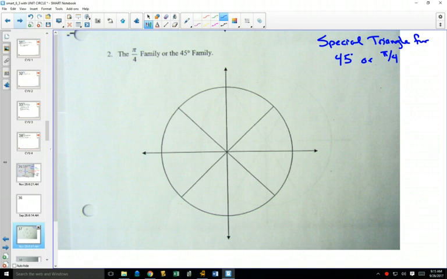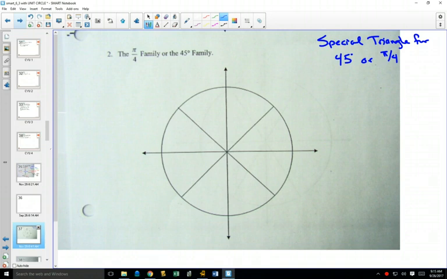The pi over 4 family on your unit circle is all the angles on your unit circle that have a reference angle of 45 degrees. Can you see that all 4 of those angles would have a reference angle of 45 degrees? The reference angle being the angle back to the nearest x-axis.